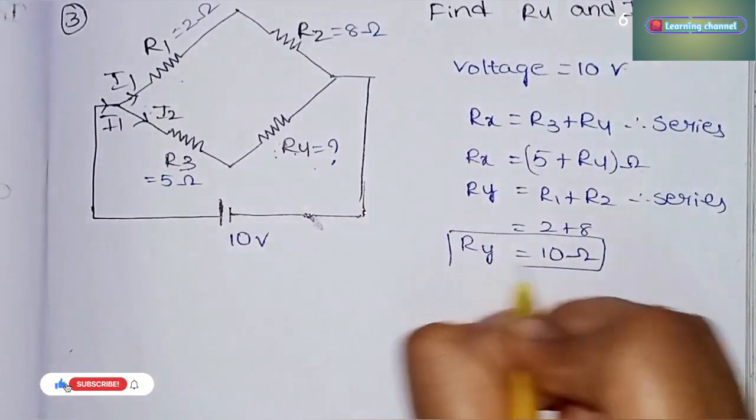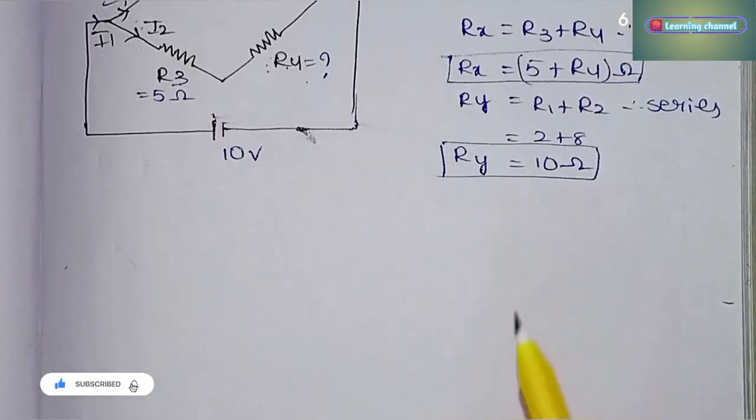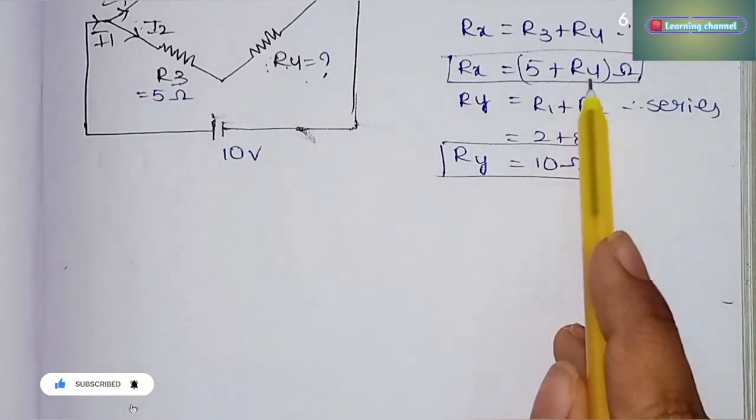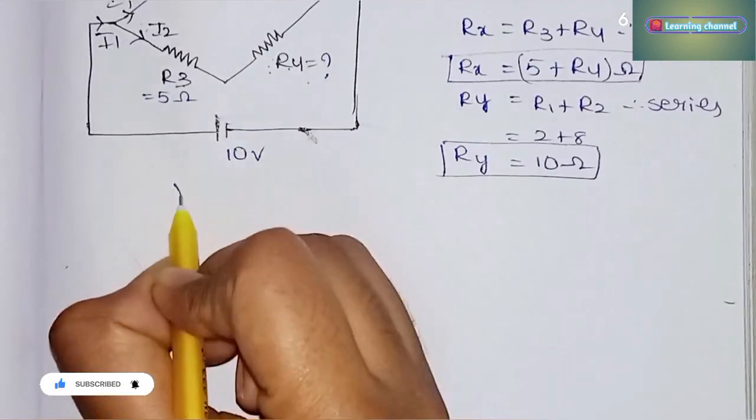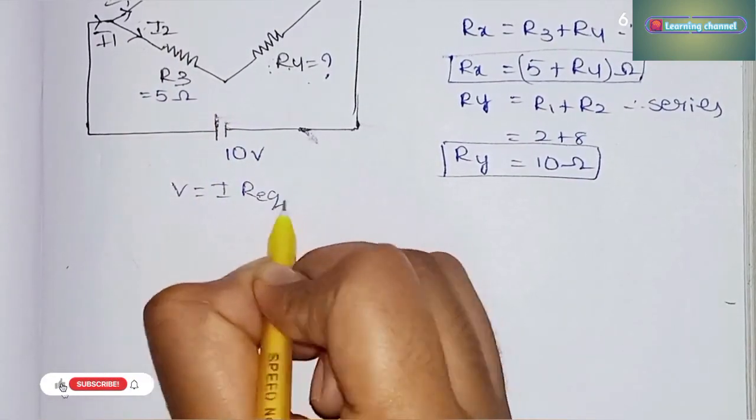In order to apply the given formula, first we have to find the R4 value. We know that V is equal to IR, but we have many resistances, so we take R equivalent.